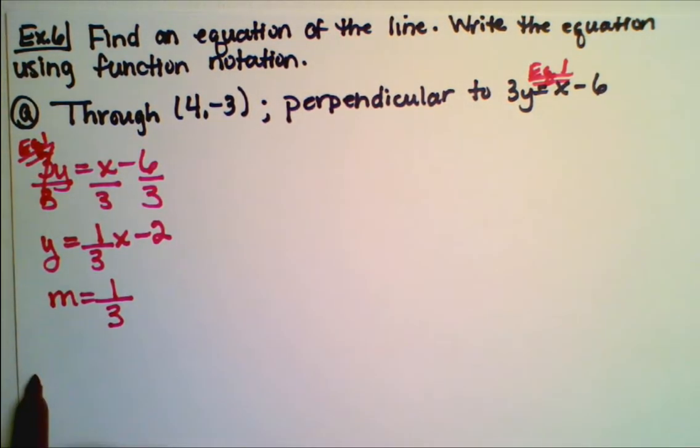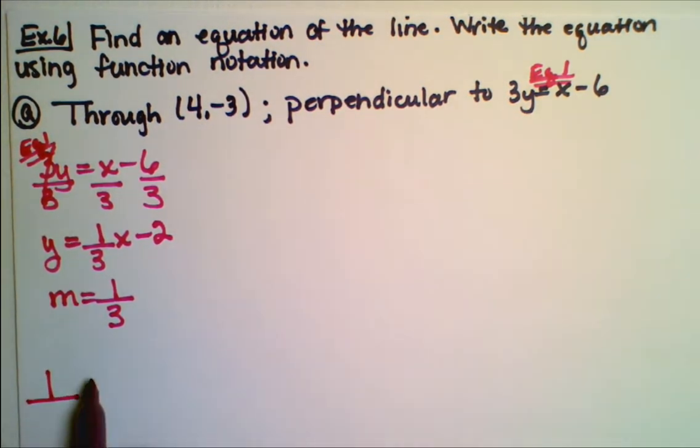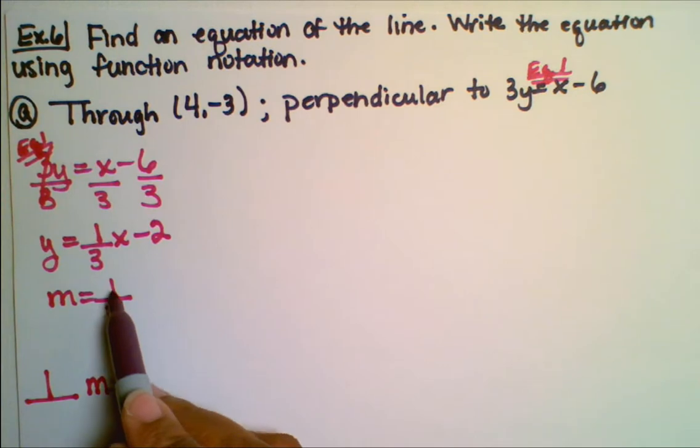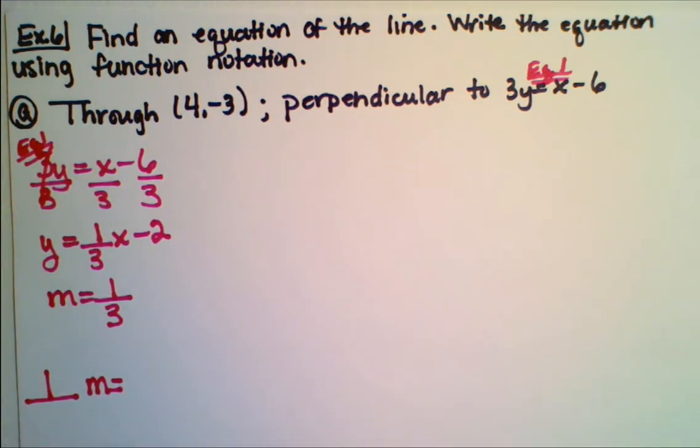But we know that the new equation is going to be a perpendicular line. So its slope, let's remember, is going to be the negative reciprocal. Take the reciprocal of 1/3, which is 3/1, and we negate that, and we have a slope of -3.